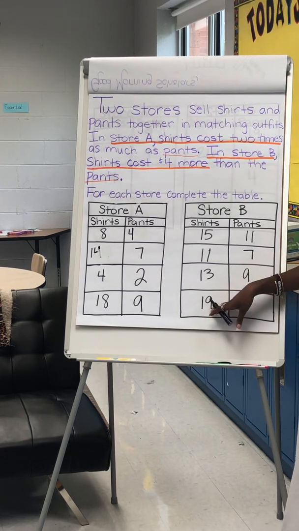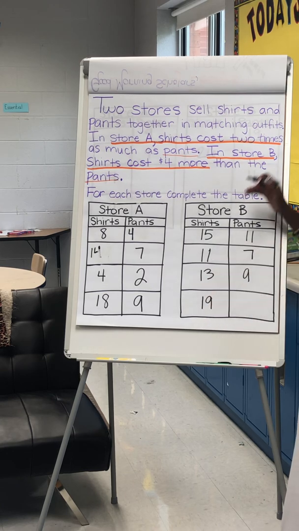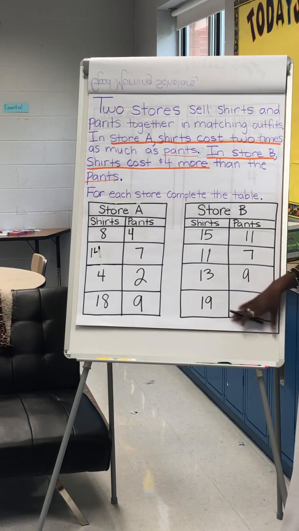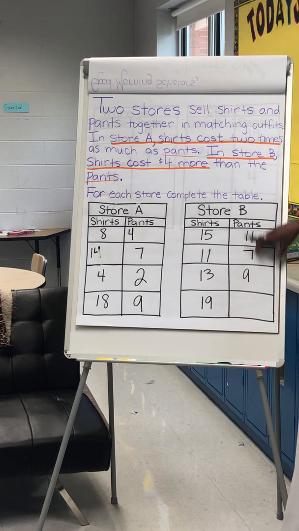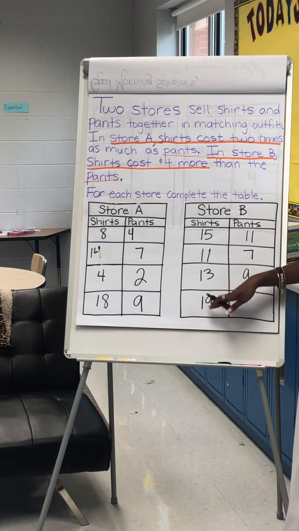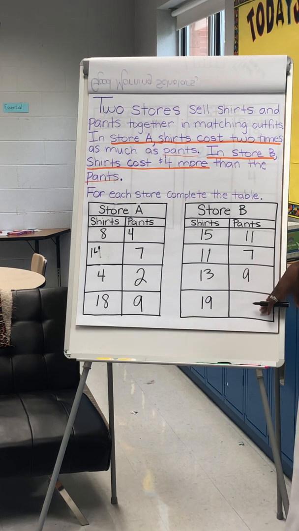If I have 19 and 19 is 4 more than my pants, oh my gosh, I'm missing my pants. I'm literally missing this square that's in my pants column. So I need to figure out what number goes here. Okay, 19 minus 4 equals what?